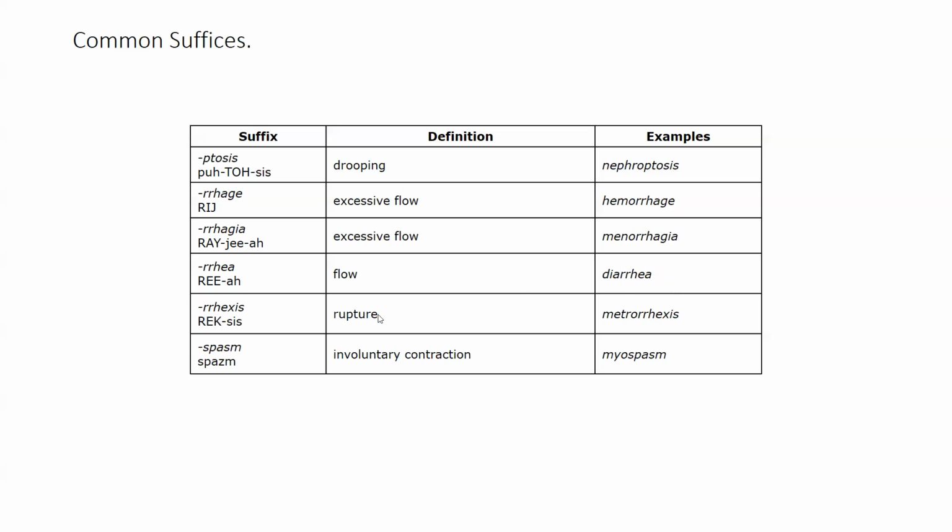Rhexis means to rupture. So a metrorrhexis is a rupturing of the uterus. Metro in this case means uterus, not city. Spasm, involuntary contraction. So a myospasm would be an involuntary contraction of a muscle, kind of like the hiccups.